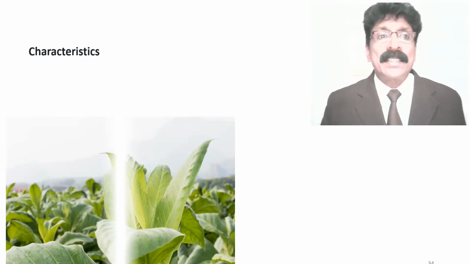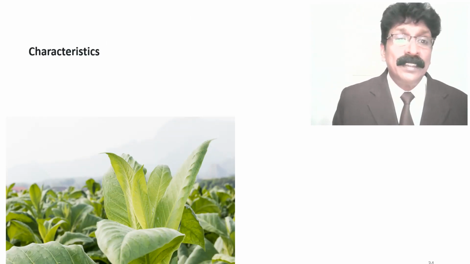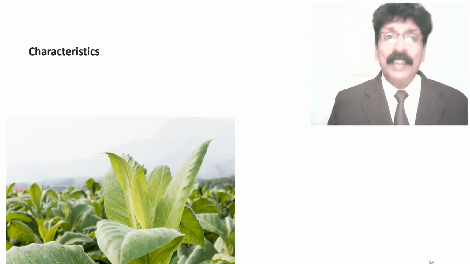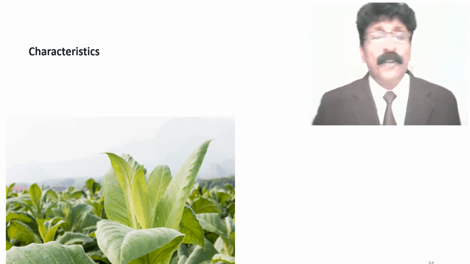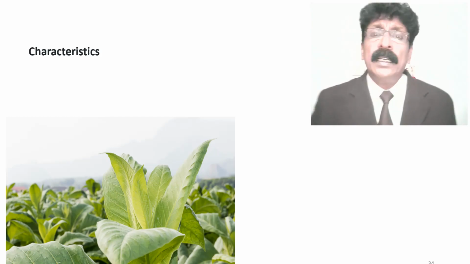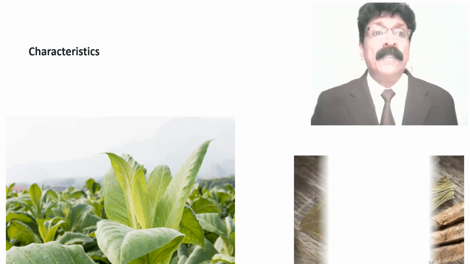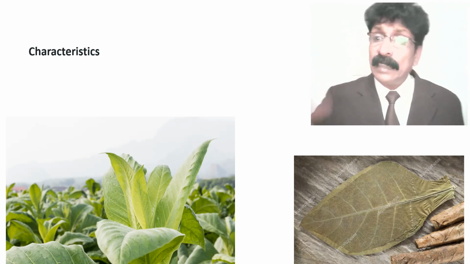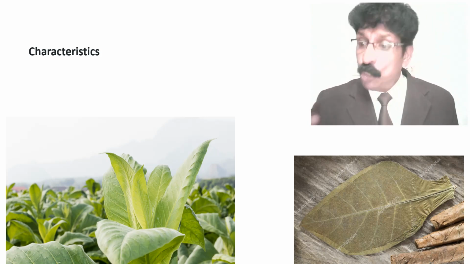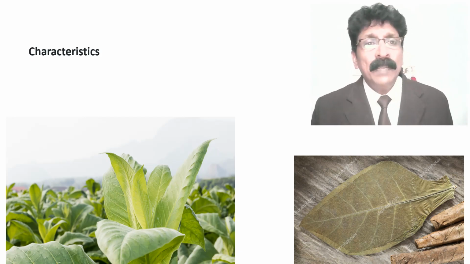Characteristics of the plant: you can see the large plant leaf, which is folded and fermented in the leaflet itself, like this. There are cigars made only from tobacco wound leaves, dried leaves.